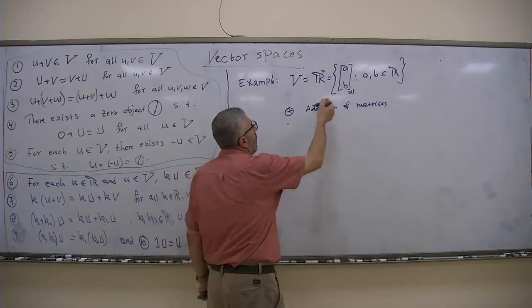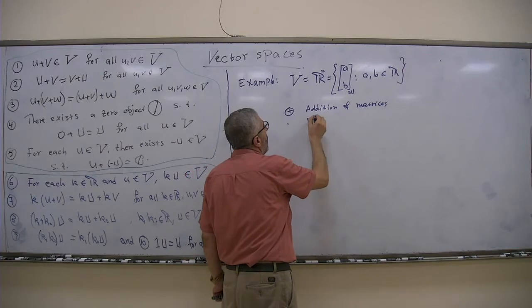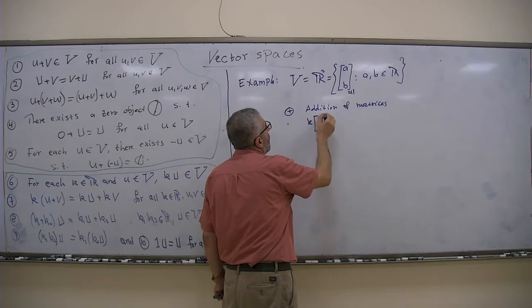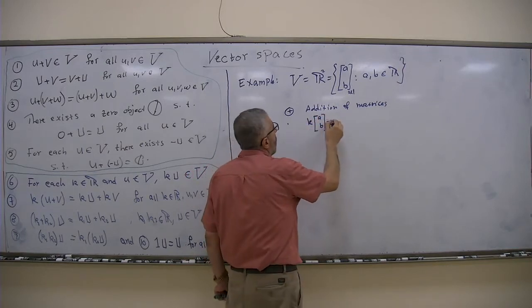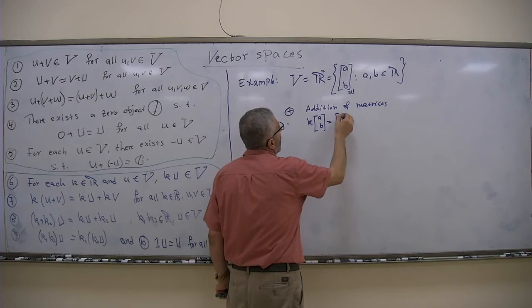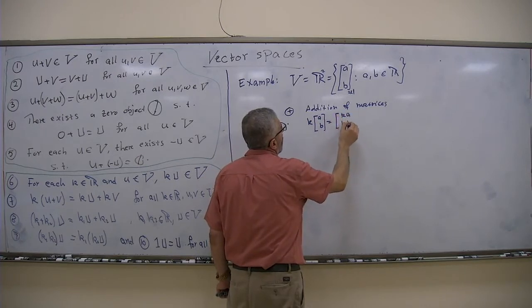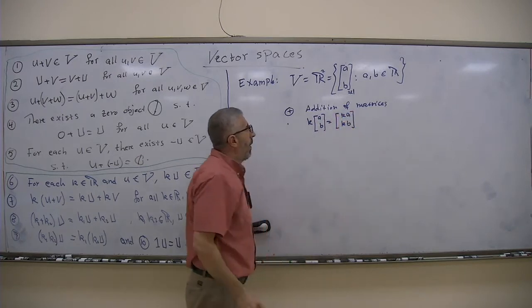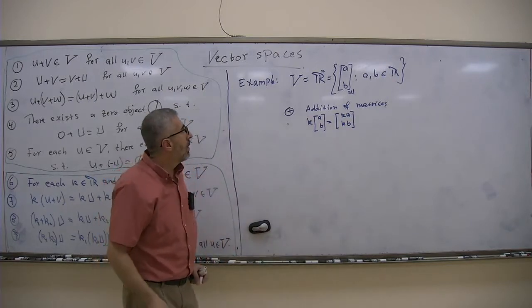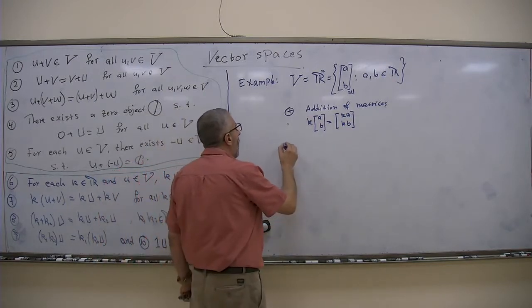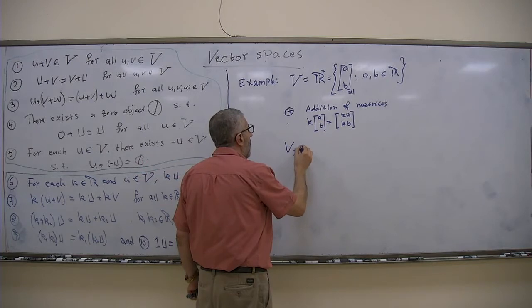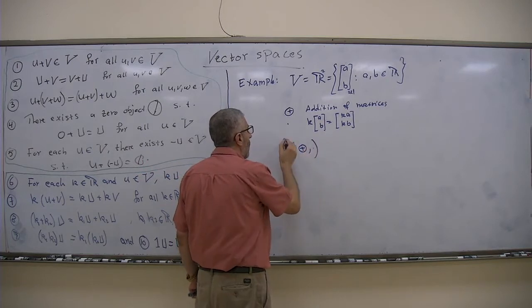It is what you know about matrices. k into (a, b), a matrix, you multiply by scalar. So that is ka, kb. Okay? So here we have V, and we have this addition, and we have this scalar multiplication.